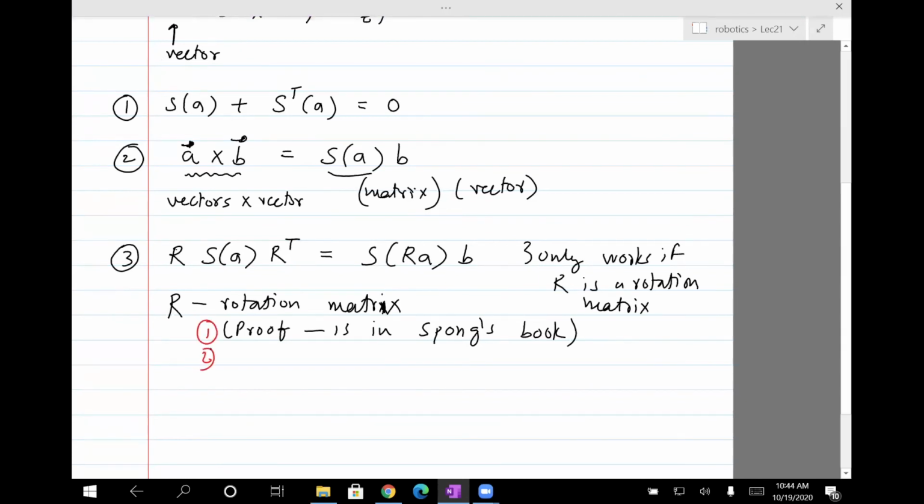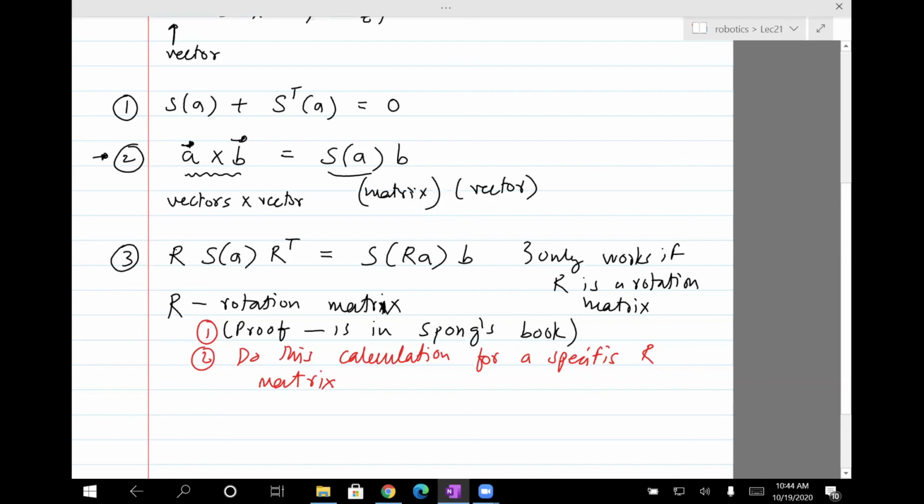The other way to check this is to do this calculation for a specific R matrix. Okay, so what I'm going to do is not show you 3, but try to show you 2, which I think is very important.